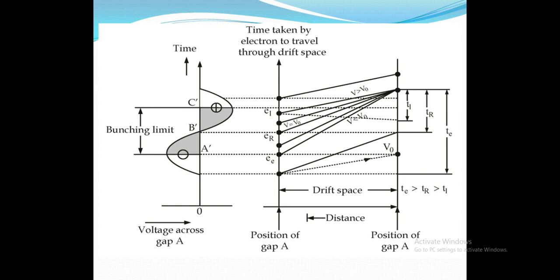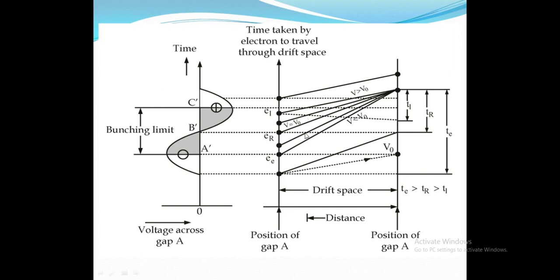The electron EE falls back and the reference electron ER catches up with the early electron. As a result of these actions, the electrons gradually bunch together as they travel down the drift space from gap A to B. The pulsating stream of electrons passes through B and excites the oscillations in the output cavity.